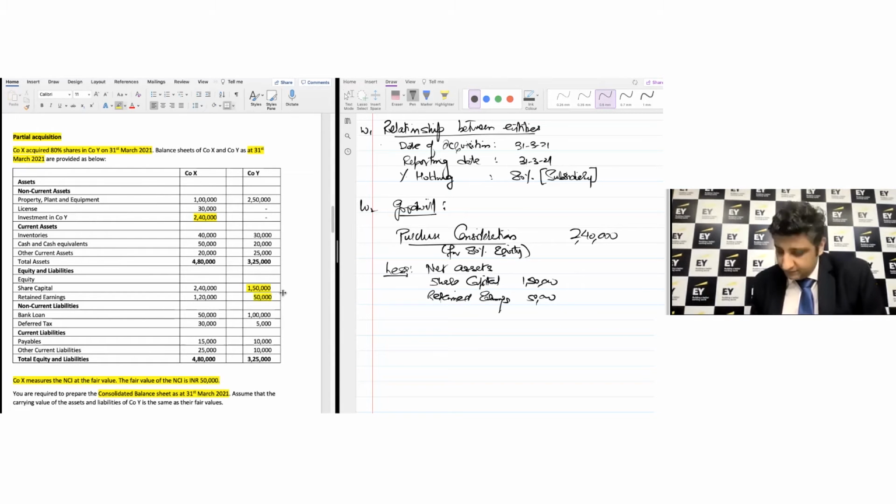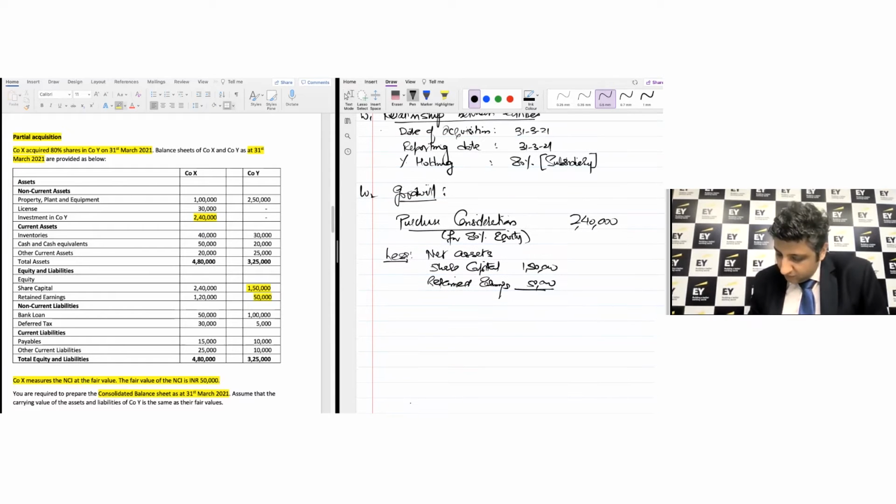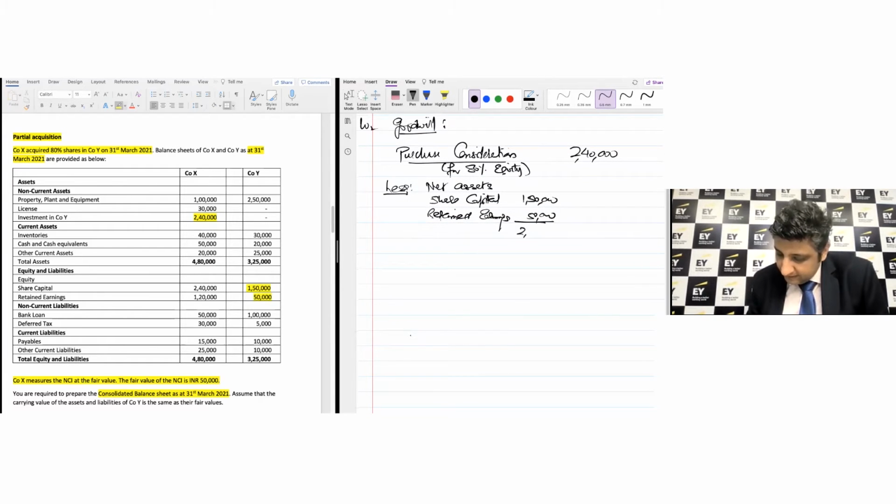This suggests that the total net worth of the entity is in fact 2 lakh rupees, but this is 100% of the business.